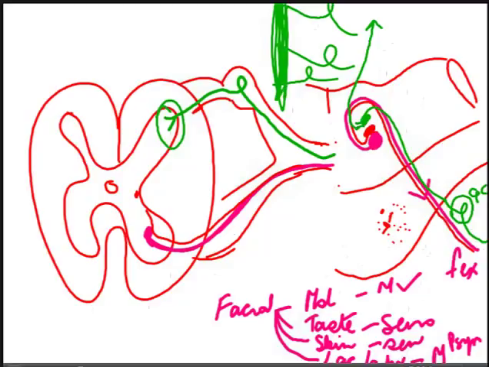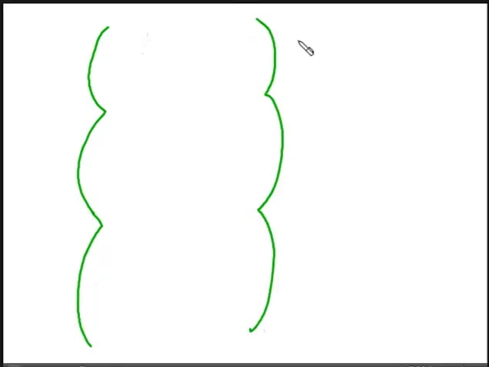Now, having understood this, let's look at what the trigeminal nerve does. So in the case of the trigeminal nerve, instead of drawing each section, I'm just going to show it to you this way. I'm showing you the brain stem. So this part is the midbrain, this part is the pons, and this part is the medulla.